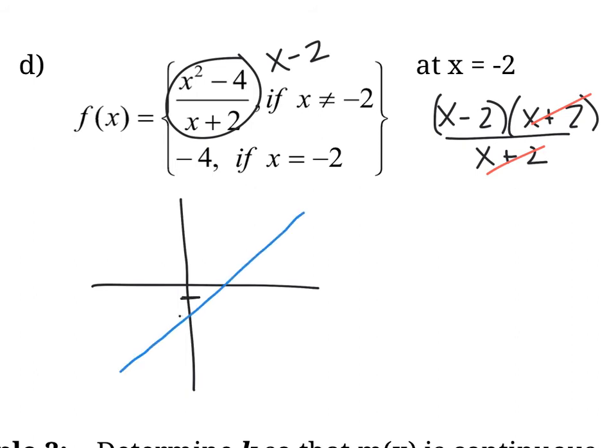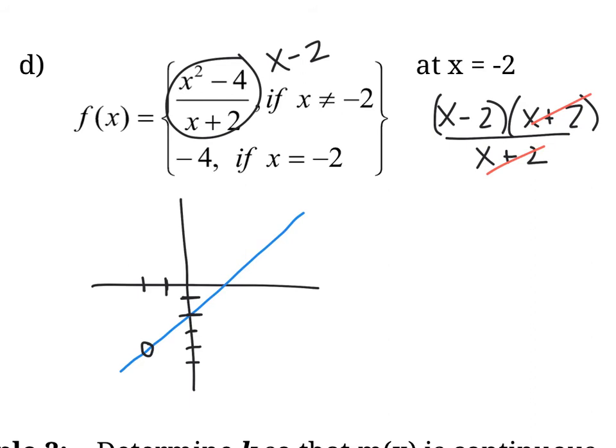I should really put these marks here. And at x equals negative 2, we're going to have a hole, right? So if this is negative 1, negative 2, it's going to be somewhere down here, we're going to have a hole. And it looks like that hole is going to be at negative 2, negative 4.